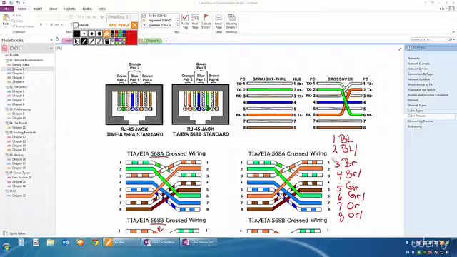So these two are good. This one, let's look at this. This one, 3 and 6 are not. Now, everything worked fine. You know, I could have had problems, never really realized it.